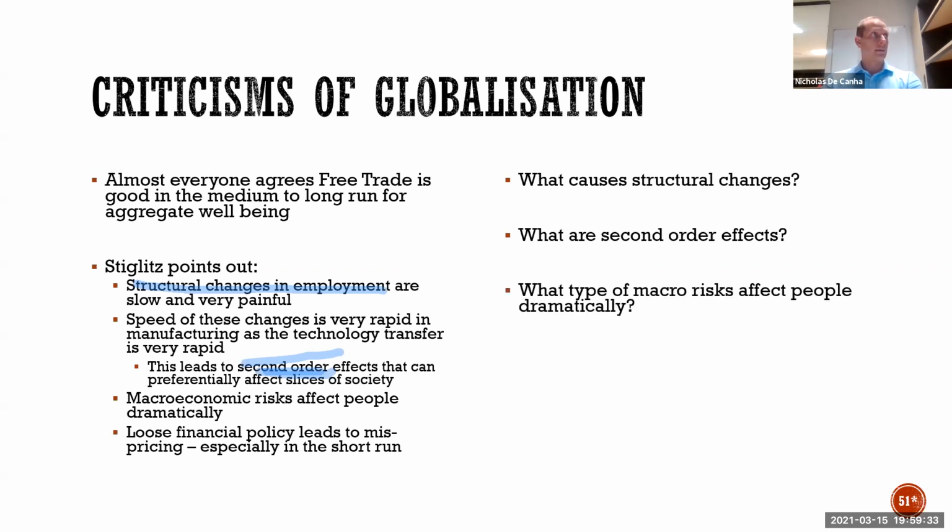And so we just got two more macro risks. Stiglitz talks about macro risks that affect people dramatically, and I'm just going to go through them. One of the key things on macro risk that he's worried about is currency. It's very difficult for any person to get rid of currency risk in their own life.